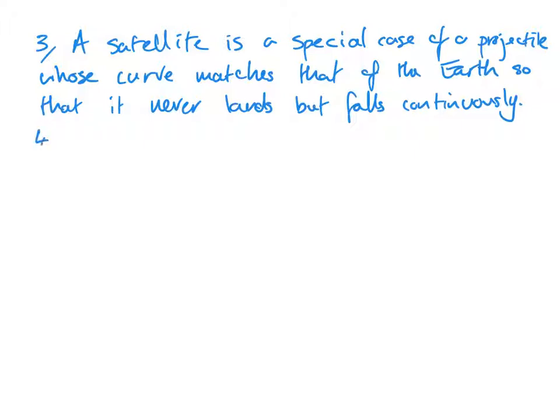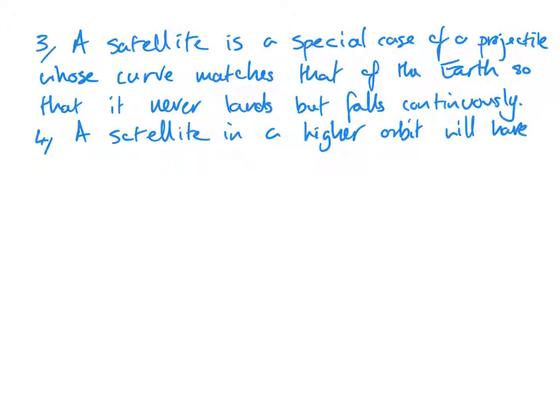Okay, so number 4. A satellite in a higher orbit will have a larger period, which is our time of orbit, similar to the period of a wave is the time for a wave.